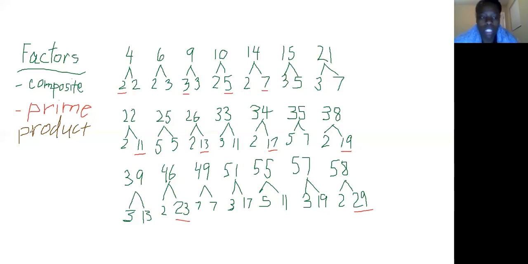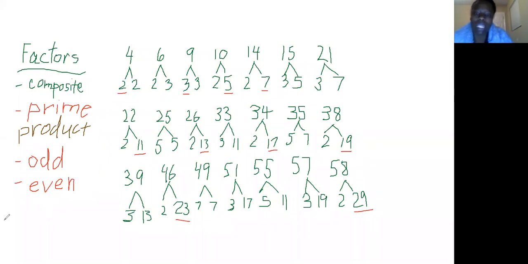So I want to make sure we talk about that classification of odd and even numbers as well, because that's important, and it's a good way to speed up the process in doing these factors.